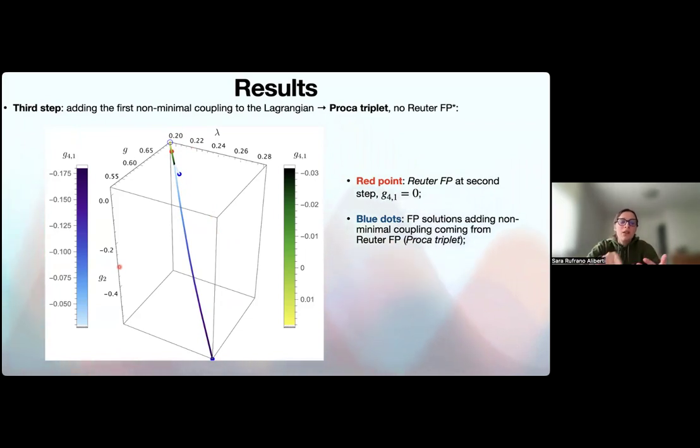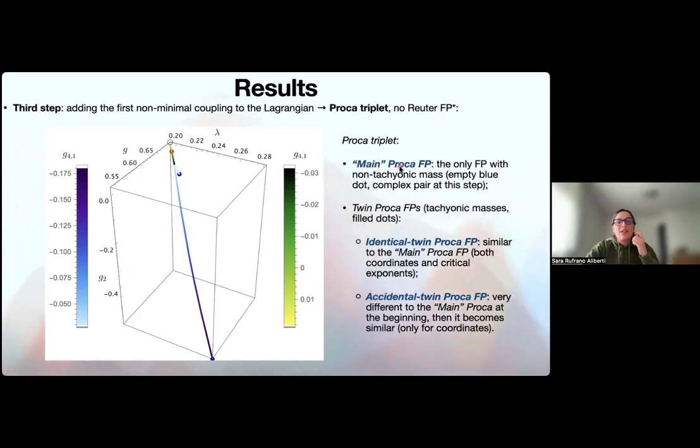Now, these 3 fixed point solutions were classified by us according to their behavior across the truncations, but also comparing one to the other, looking at the fixed point coordinates and also their critical exponents. Indeed, we call the main Proca fixed point the only fixed point characterized by non-tachyonic mass across all the truncations.